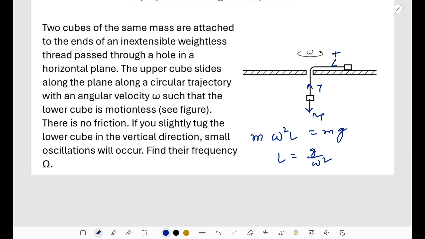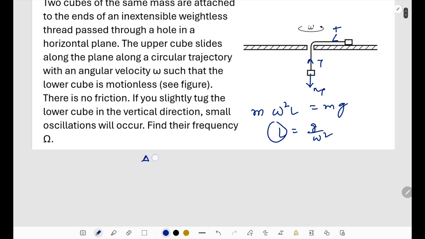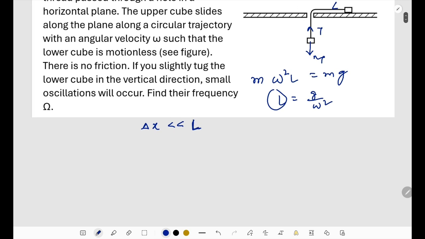Now let's increase this distance L. After the lower cube is pulled down to some maximum value, that means just pull it down by a distance delta x, where delta x is very much smaller than L, the velocity of the upper cube is changed now.